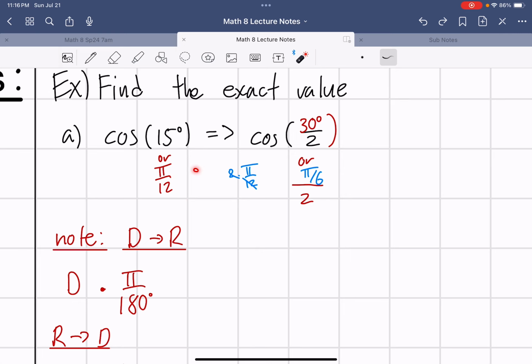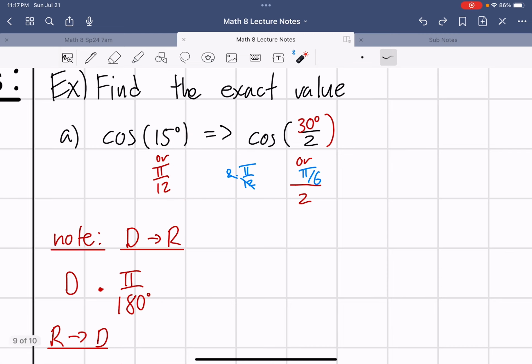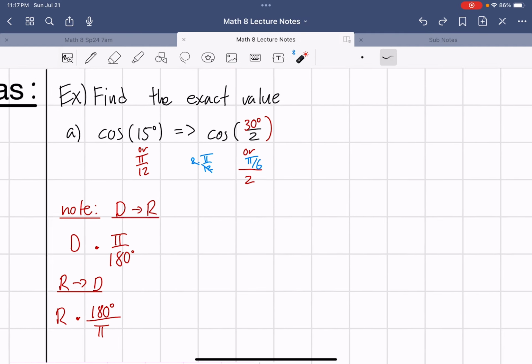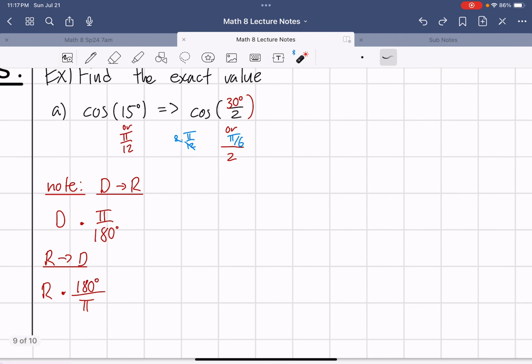And then I just divide 180 by 12. So if you were to take 180 over pi, the pi simplify, 12 goes into 180 15 times, leaving me with 15 degrees. But again, just a quick way of doing that.